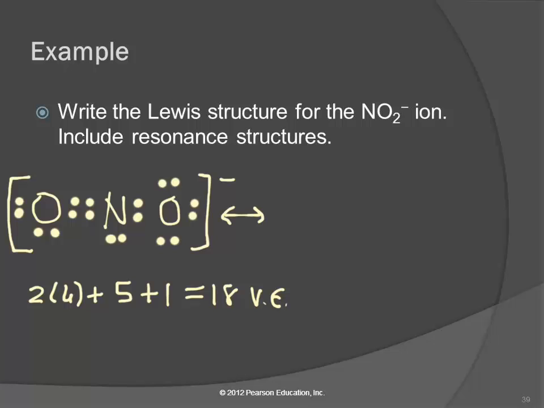But we could also put the double bond on the other oxygen. So we've got oxygen, nitrogen, oxygen. And this time I'm going to put the double bond over here and the single bond over there.